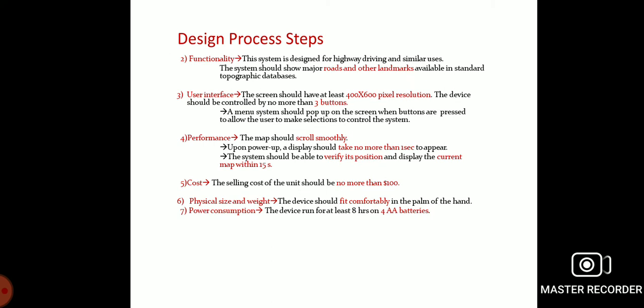Now the next design process step is functionality. The system is designed for highway driving and similar use. The system should show major roads and other landmarks available in the standard topographic databases.